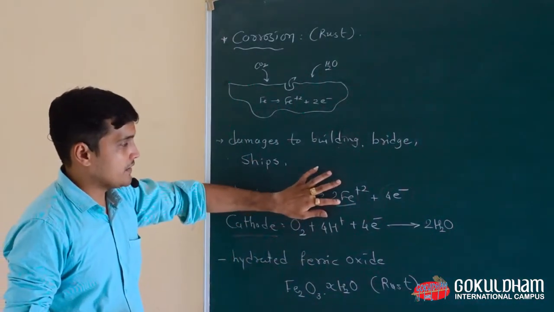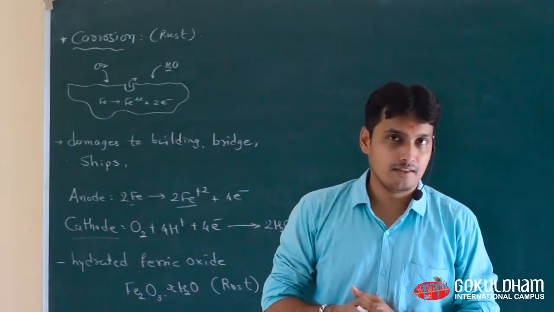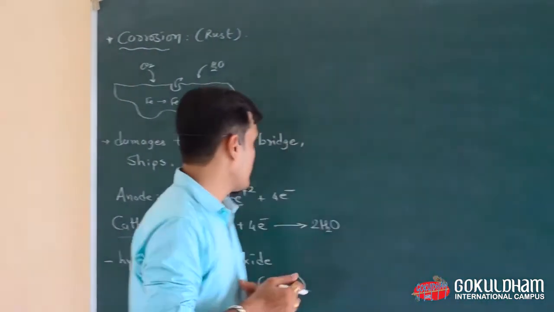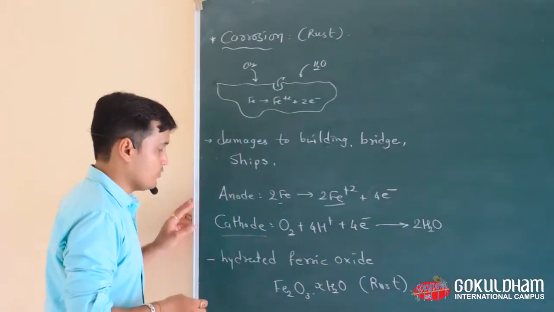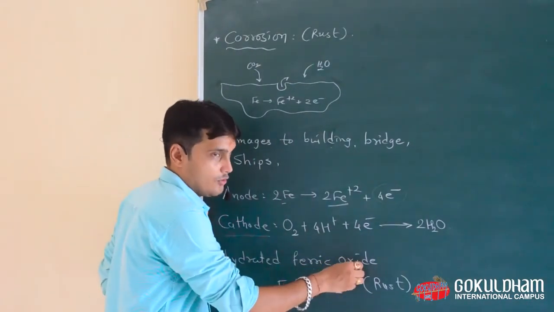This Fe2+ ion is further oxidized by atmospheric oxygen, and the atmospheric oxygen helps to form the complex which is hydrated ferric oxide.